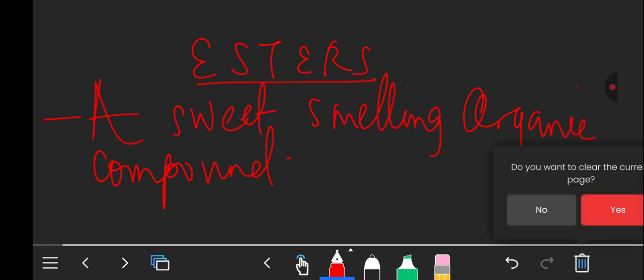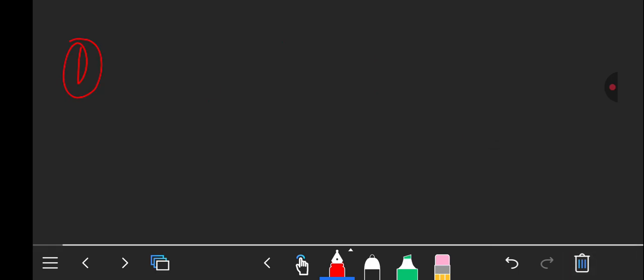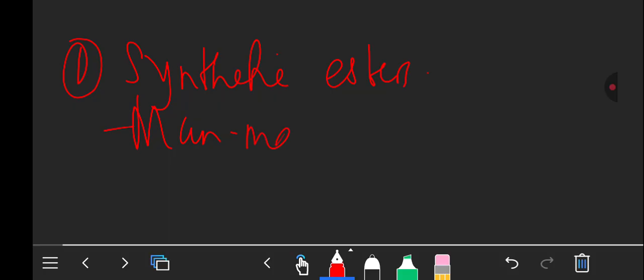You see, there are two types of esters. There are what are known as synthetic esters. Synthetic esters are those esters which are man-made. Then we have another type which we call natural esters.